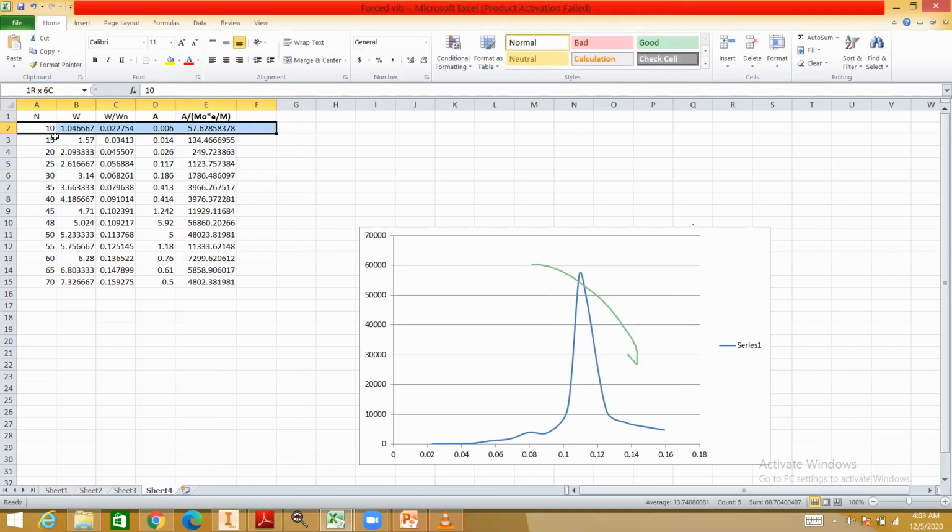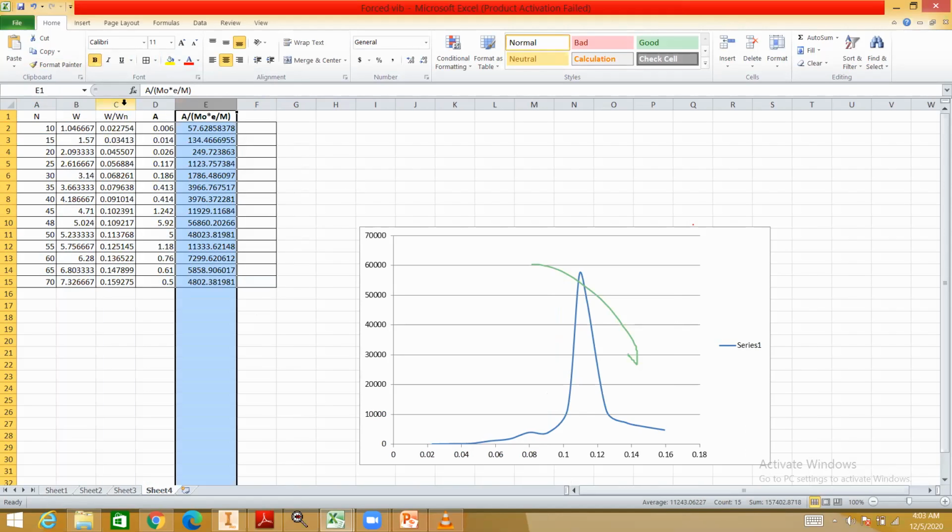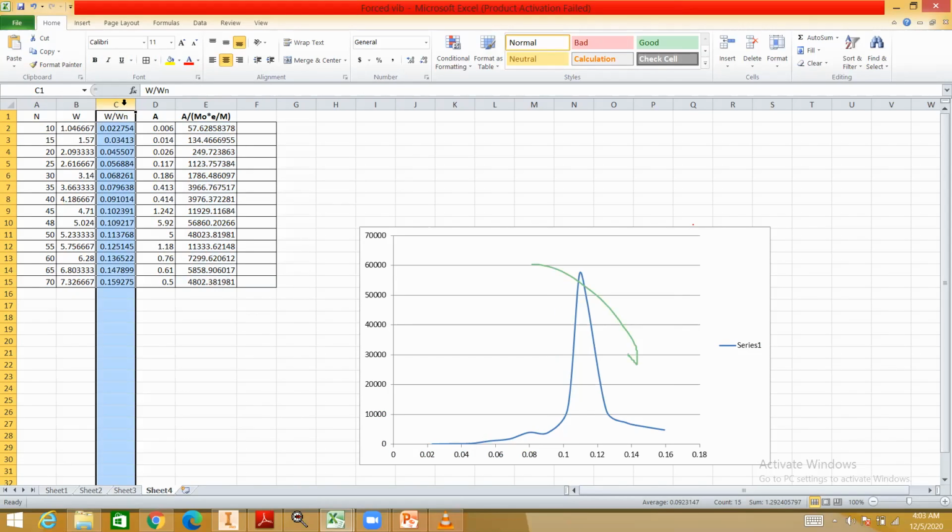You can take this screenshot and then prepare the observation table. You have to just put these values as they are in the observation table. So you have to plot the graph of omega, that is this column, versus amplitude. And the second graph is this column versus frequency ratio.